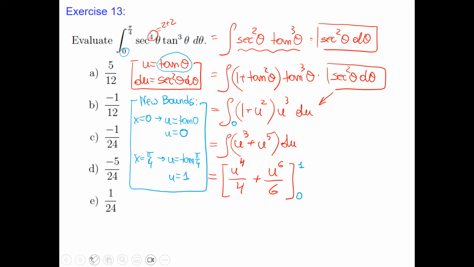I need blue, 0, 1. Okay. Fundamental theorem of calculus, substituting upper limit and substituting lower limit will give us 0. 1/4 and 1/6, I don't know.